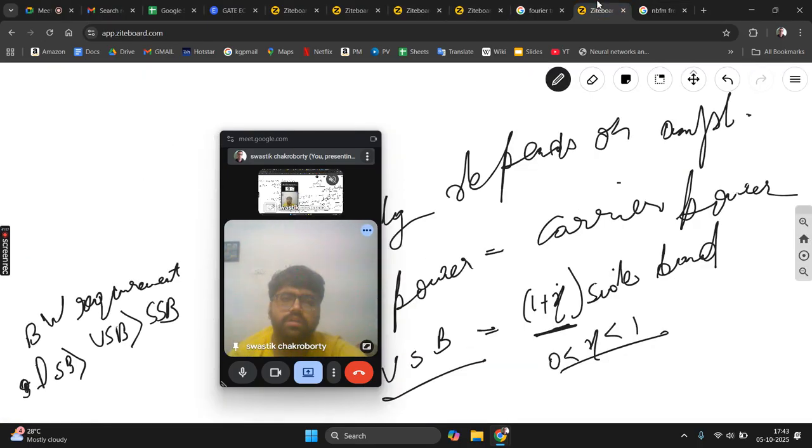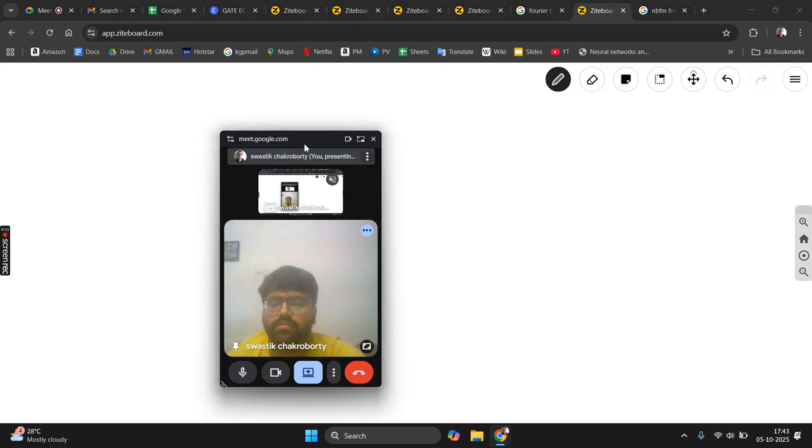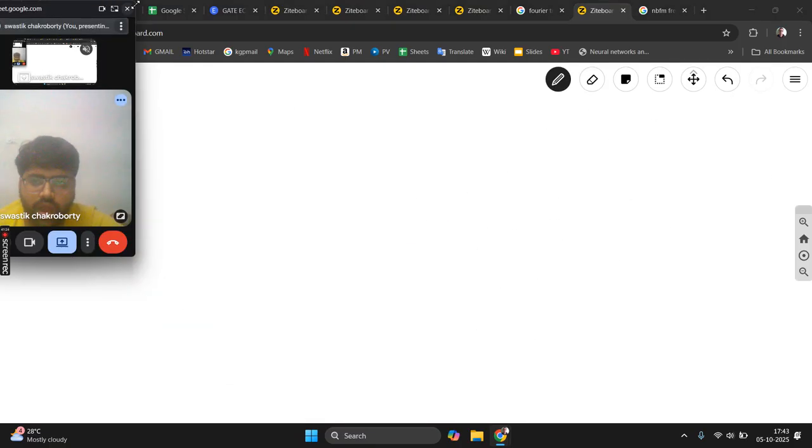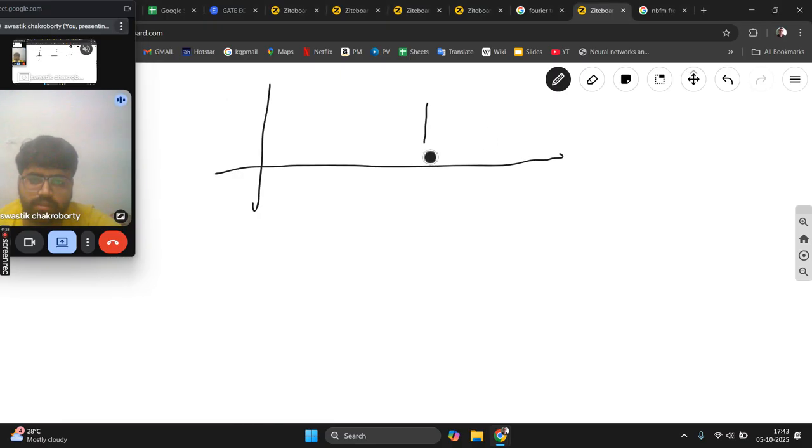So the AM frequency spectrum looks like this. There is a carrier at fc, there is this, and there is this.